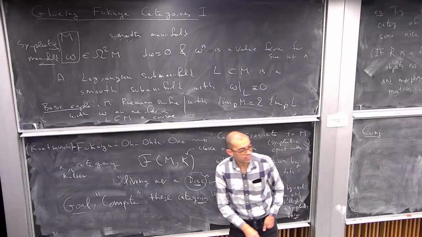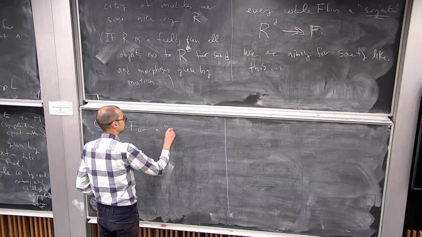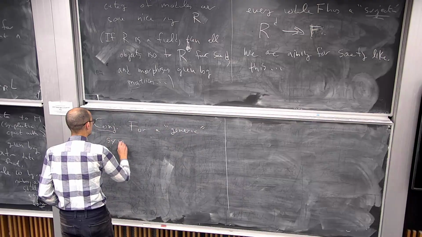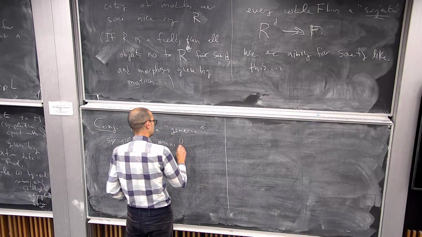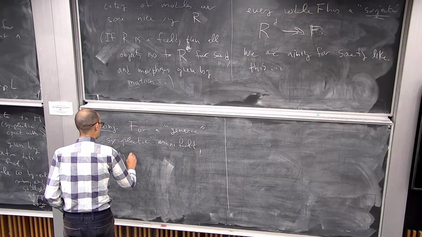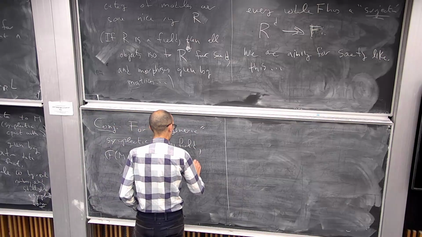For a generic symplectic manifold, whatever that means, this Fukaya category over K vanishes over the punctured disk.